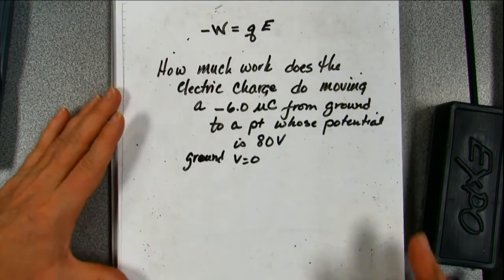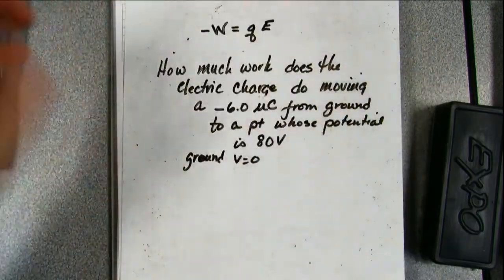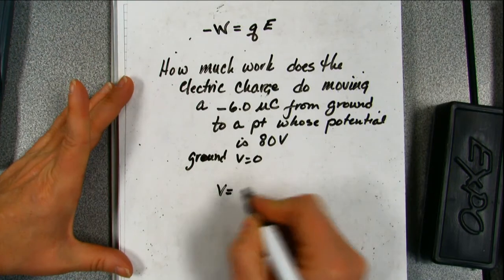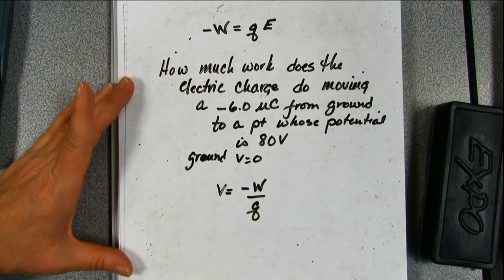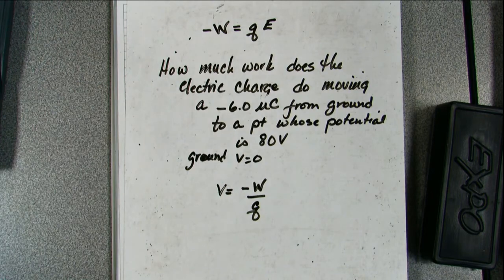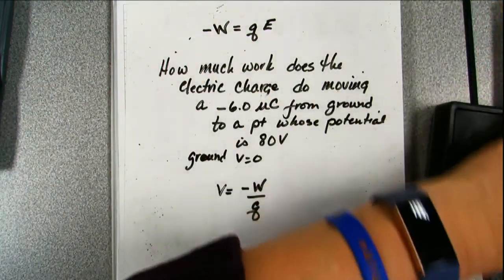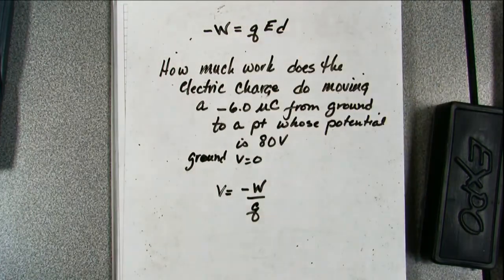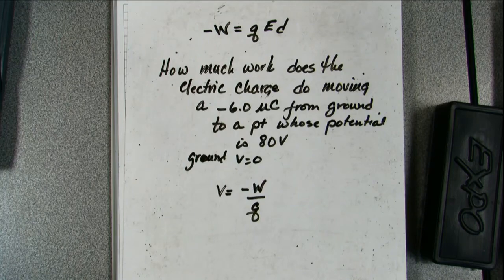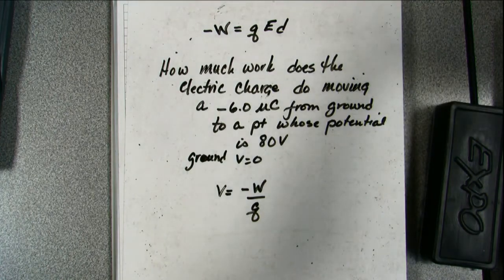Potential is equal to negative work divided by Q. I think I left off the unit on something that doesn't look peachy dandy. Yeah, work is QED. Thank you very much. Work is QED.